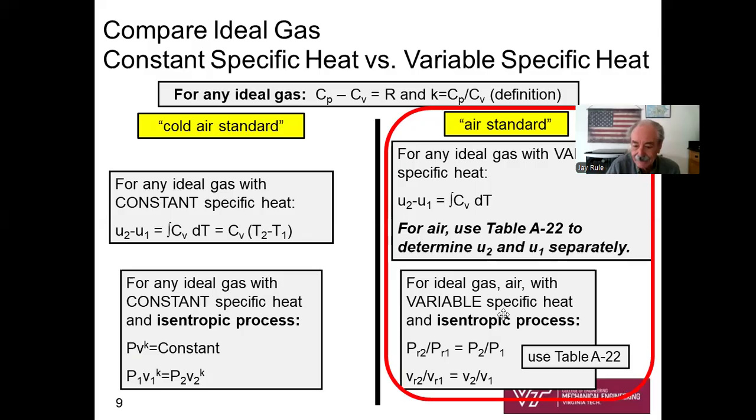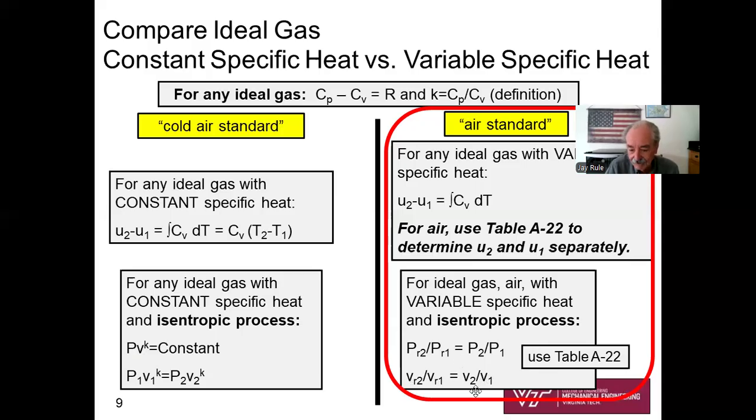Another really important part of air standard cycle analysis for isentropic processes with variable specific heat, two important fundamentals that are covered and derived in your book. These variables, Pr2 over Pr1 equals P2 over P1. And for this problem, little vr2 divided by little vr1 equals little v2 over little v1.